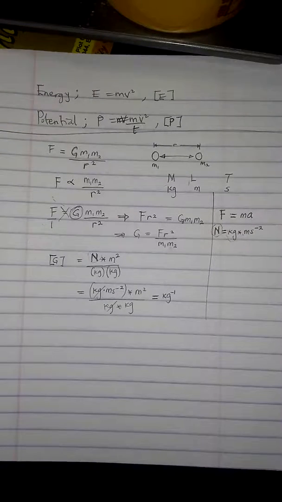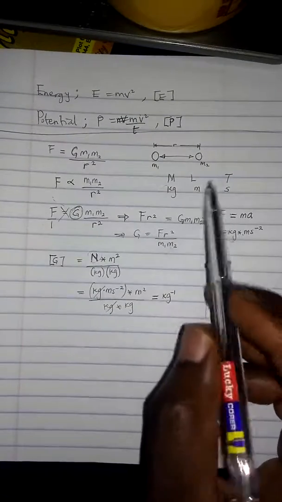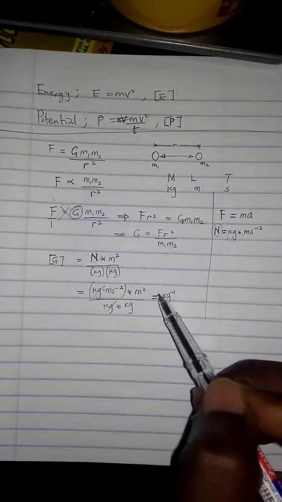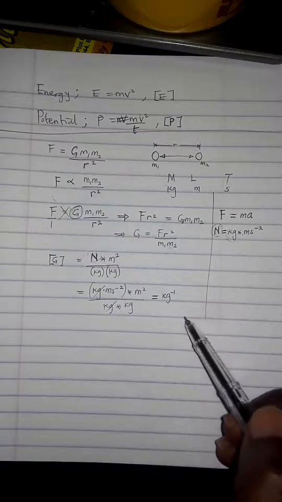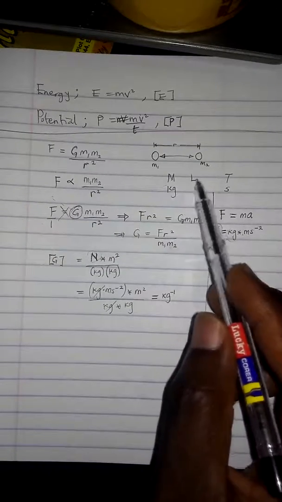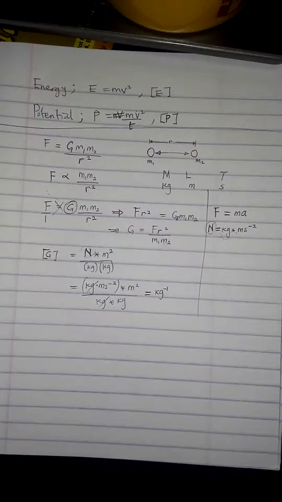So the next thing is, why am I doing this? Why am I bringing this to the top? It is because I want to arrange all of them on a line, on the numerator only. That is, I want to make the denominator just 1, and arrange them in this order, MLT. It is not a rule, but that's just the way it appears in most literature, so it's good that we put it the standard way.